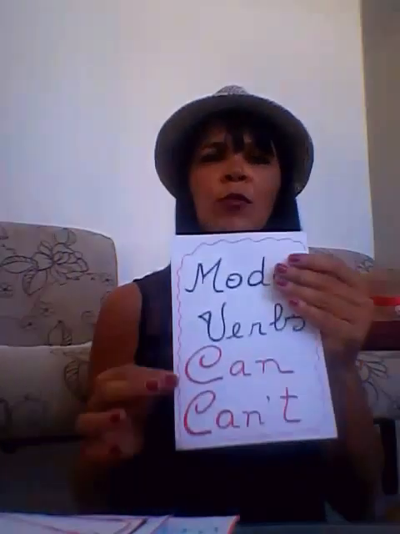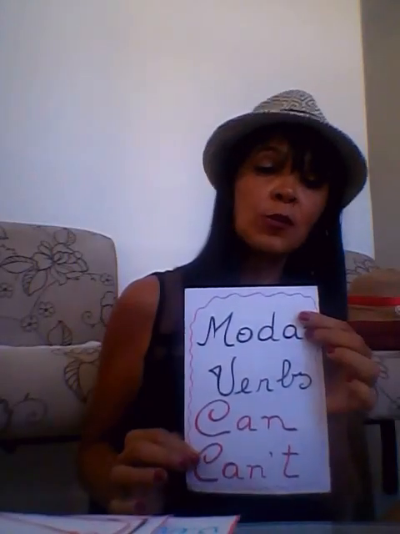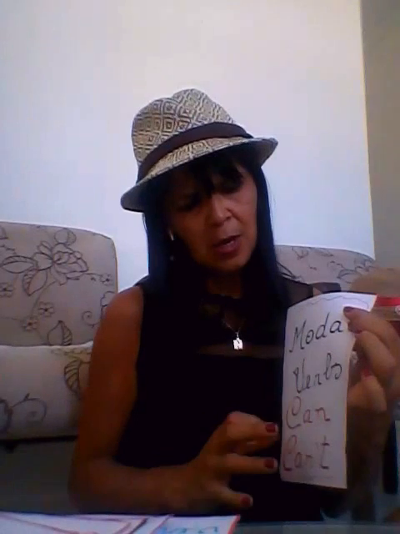But of course, we do not know everything, yes? We are not able to do all the things. For example, I'm an English teacher, but I can't swim very well. Michael Phelps, he can, but Nádia, I can't. Remember I told you that we have modal verbs expressing abilities or capacities.